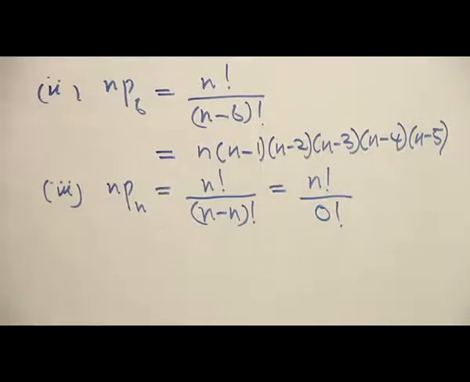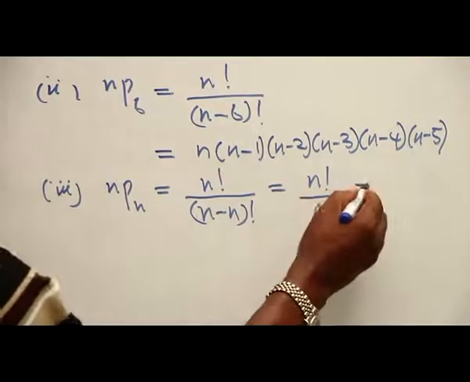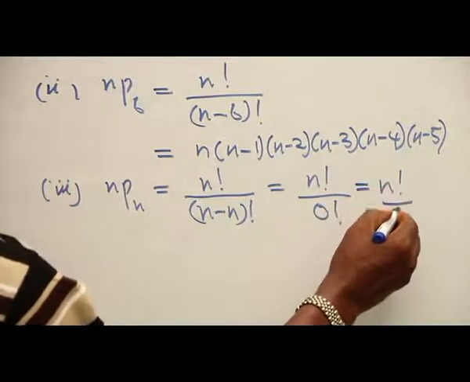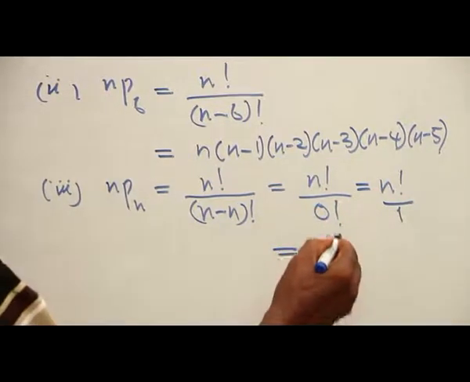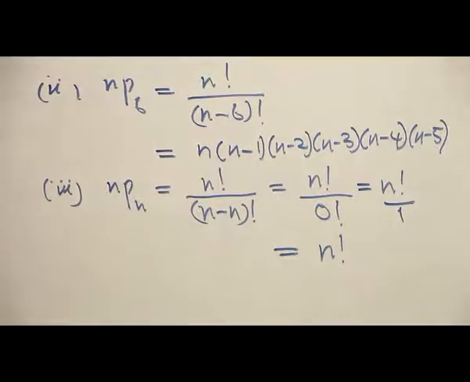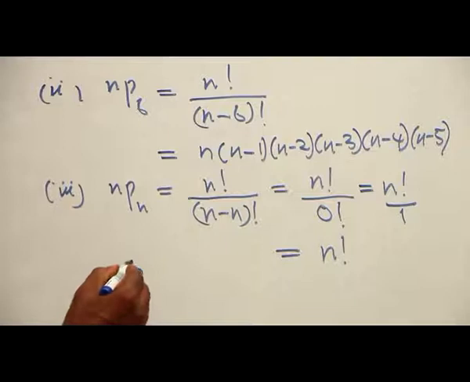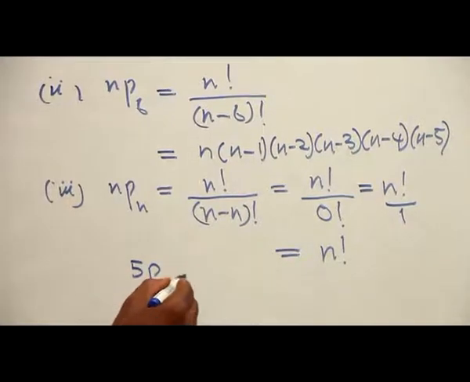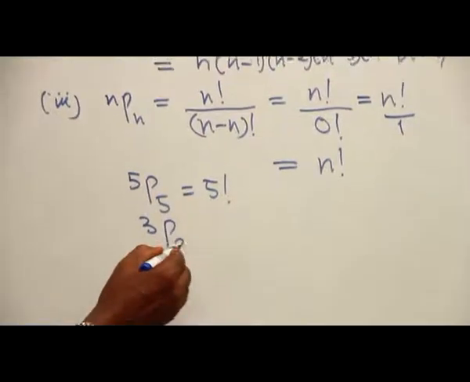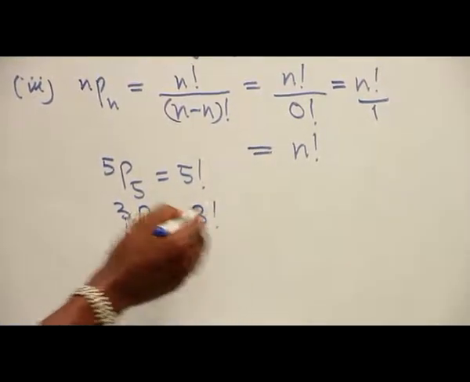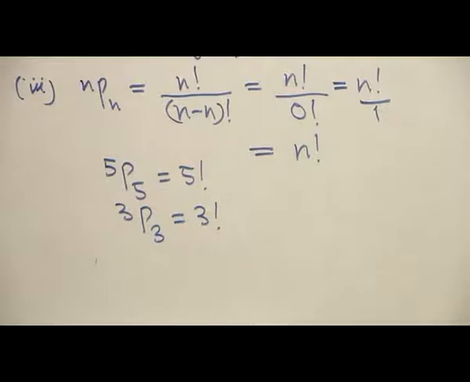Remember we said earlier that 0 factorial is 1, so this is equal to n factorial over 1, and finally we have n factorial. So n permutation n is equal to n factorial. So something like 5 permutation 5 is equal to 5 factorial, 3 permutation 3 is equal to 3 factorial, and so on and so forth.